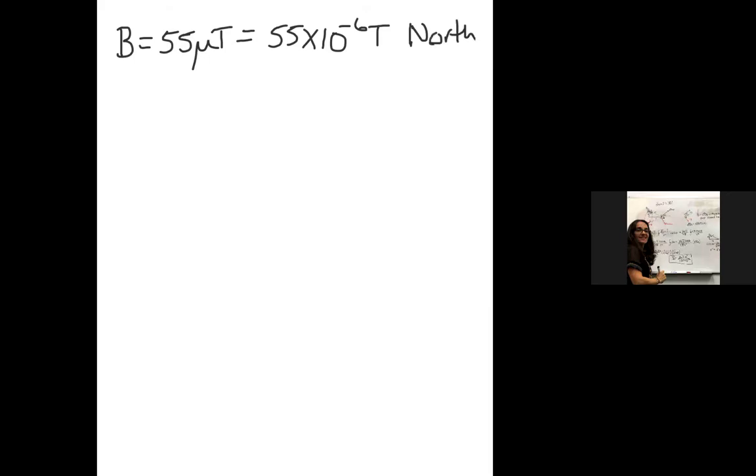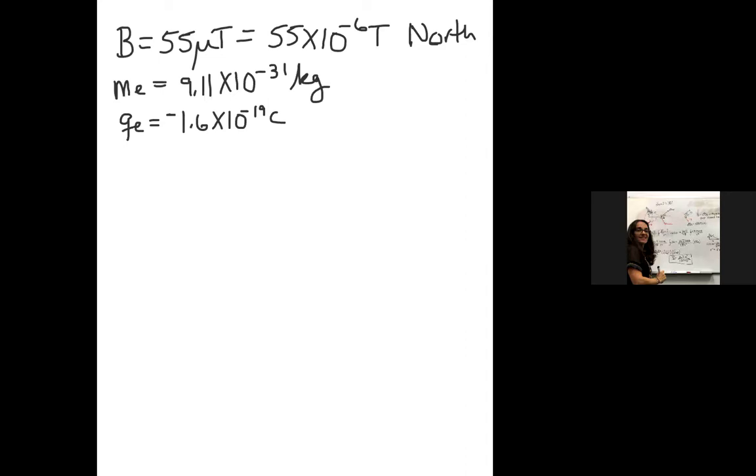We have an electron, which has a mass of 9.11 times 10 to the negative 31 kilograms. We have the charge of the electron, which is 1.6 times 10 to the negative 19 coulombs, negative.